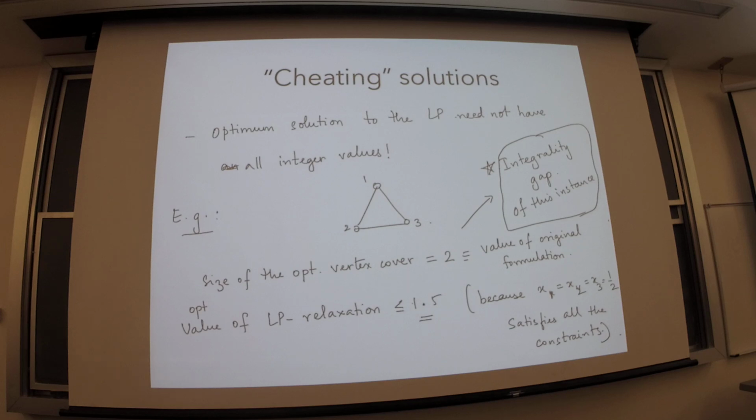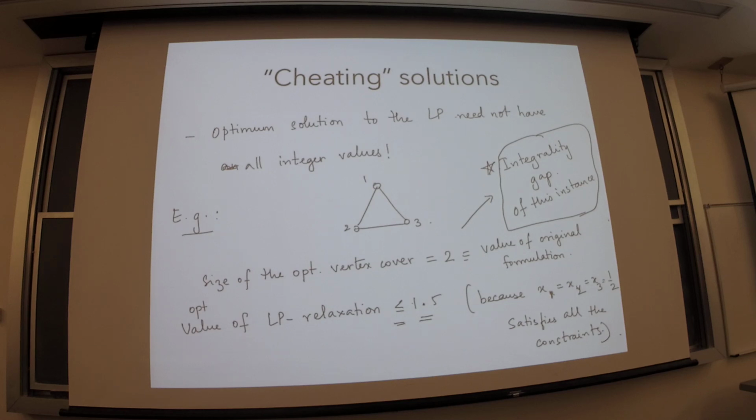Why is it an upper bound as opposed to an equality? Is that just because of the way we're framing optimization? Oh yeah, you're asking why I wrote less than or equal to and not equal to. In this case, it happens to also be 1.5.